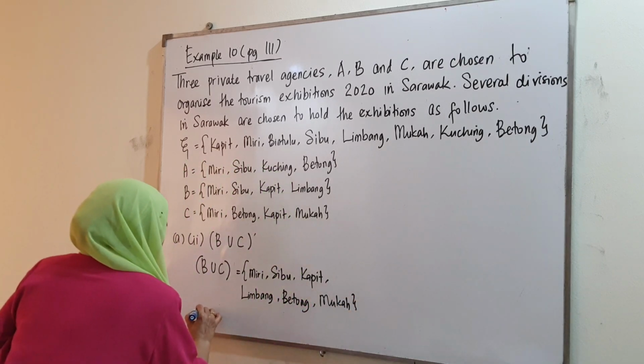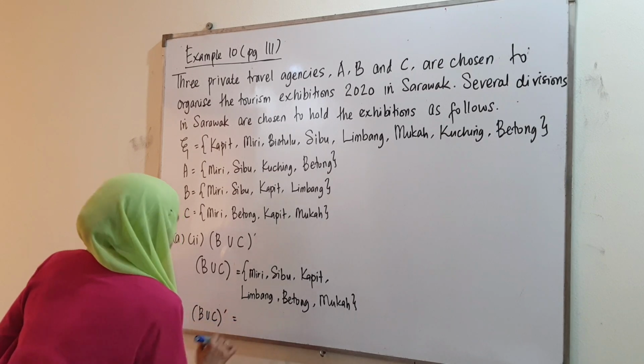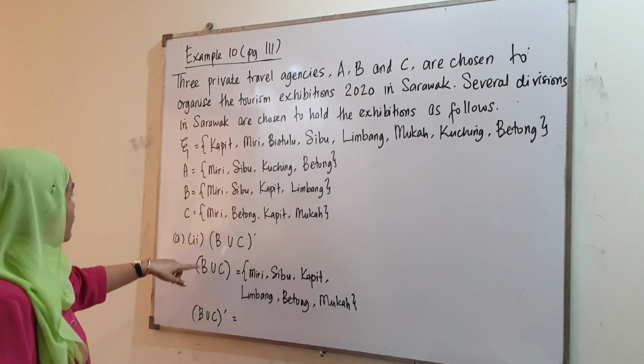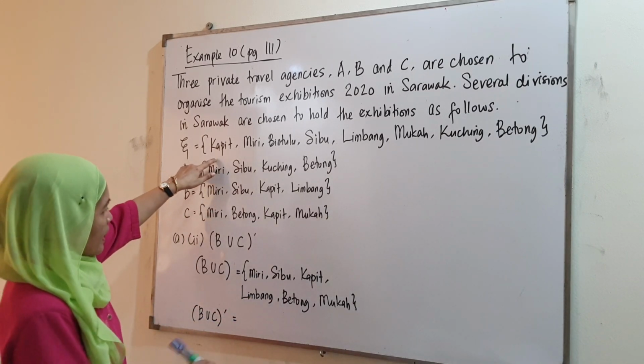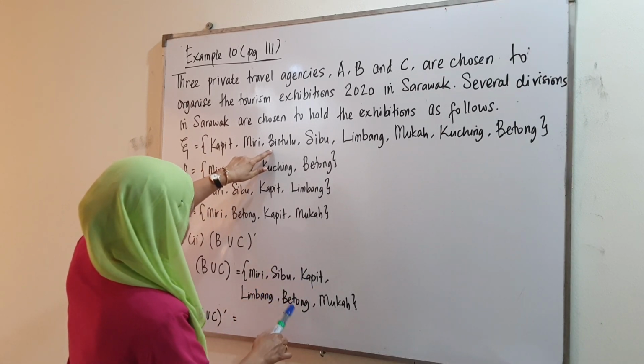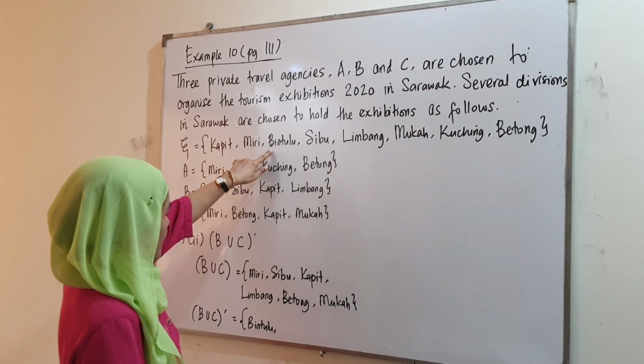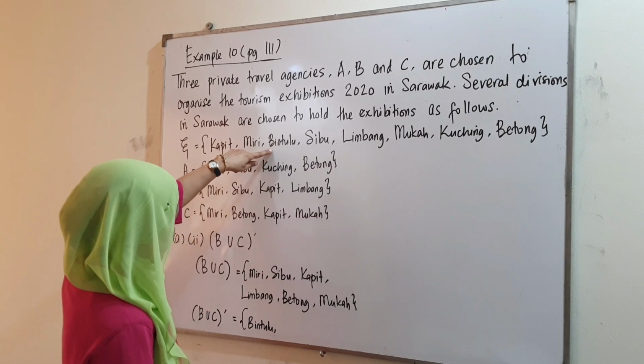Now B union C complement. Kapit has, Miri has, Bintulu doesn't have, so Bintulu.